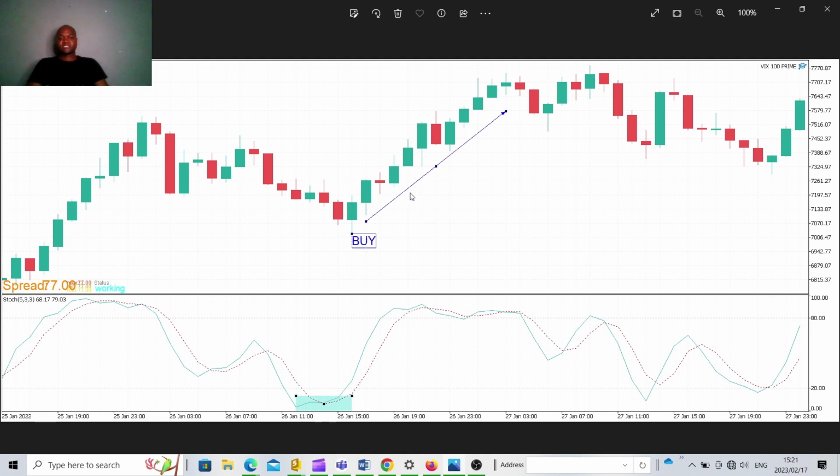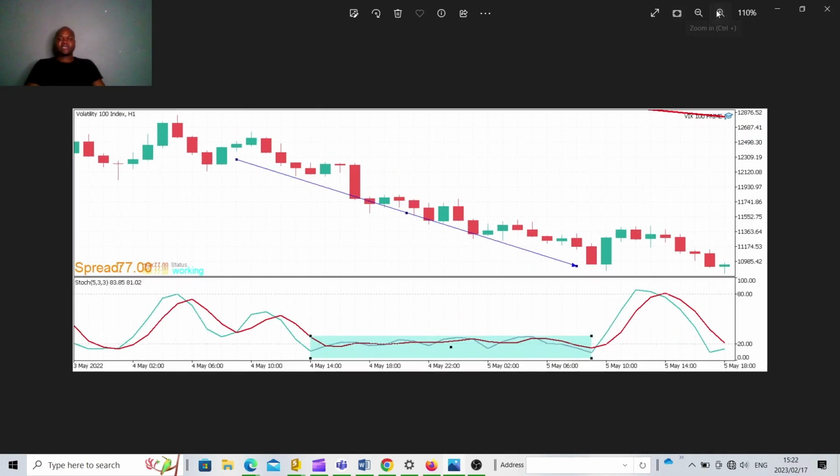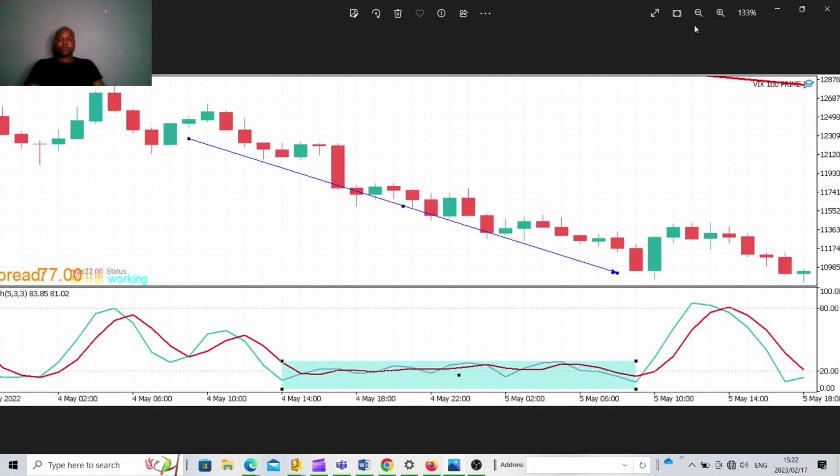So this idea of using the stochastic oscillator, theoretically it's correct, but when it comes to practice you'll be faced with a different scenario. And this is the reason why most people end up saying that indicators do not work. Why? Because during a strong downtrend, the oscillator will be generating signals to buy. You can see here it's in the oversold region and there is a crossing. When you buy here, the market will continue moving downwards.